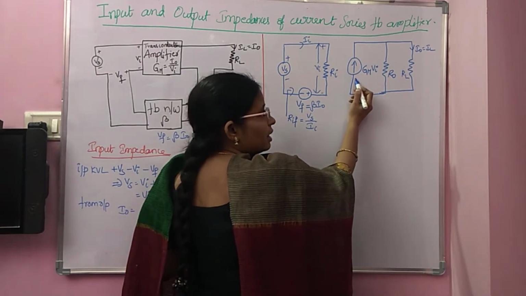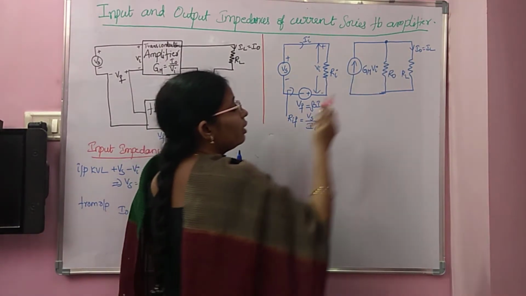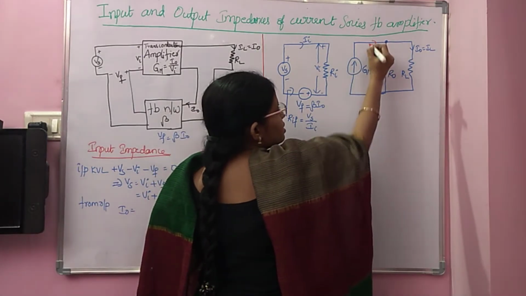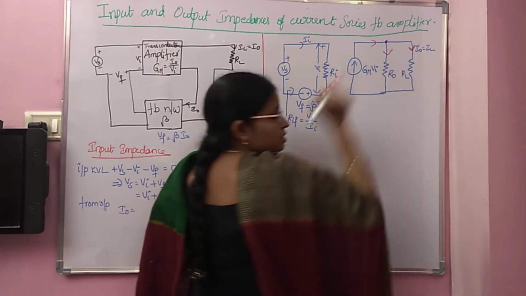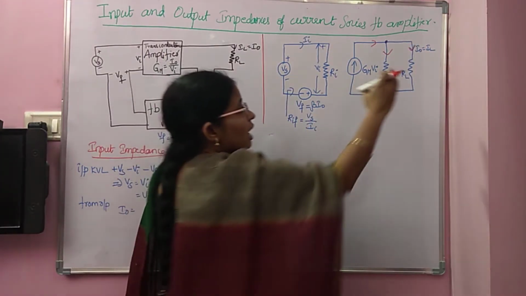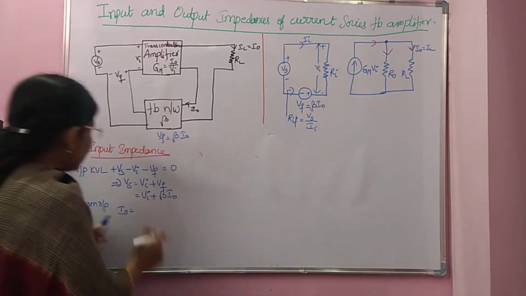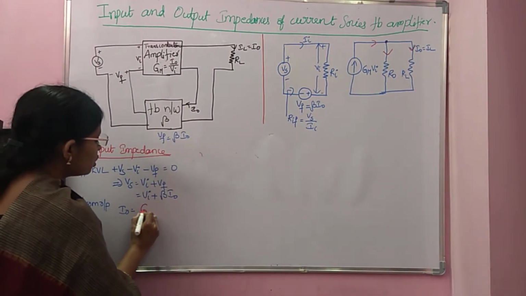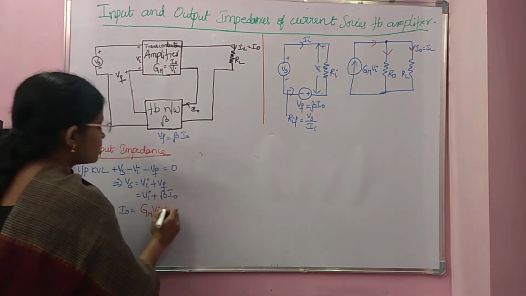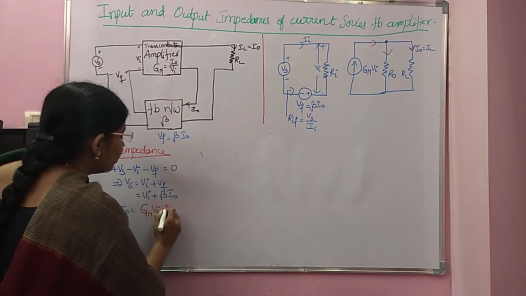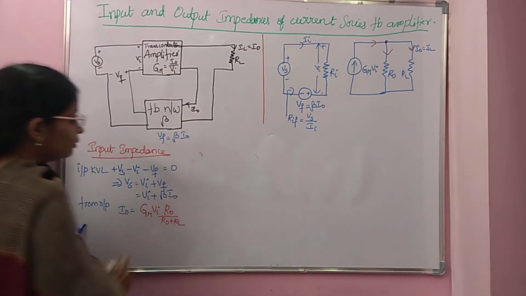This is the dependent current source. The current comes to this node and is divided into these two parts. What is the current through RL? I naught. We need that I naught. What is I naught now? The total current GmVi into the opposite resistance, by the current division formula, R naught by R naught plus RL.